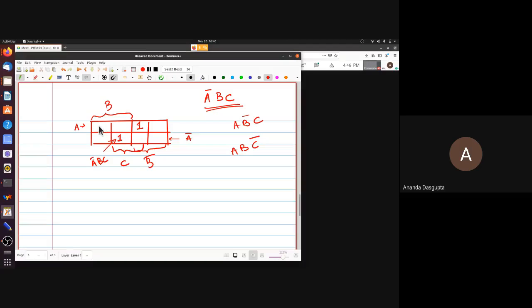C bar means out of C, which means here. C is these 2, so this is C bar. And finally ABC. This will go to a cell which belongs to all of A, B and C, which means here as well as here as well as here, that means here.